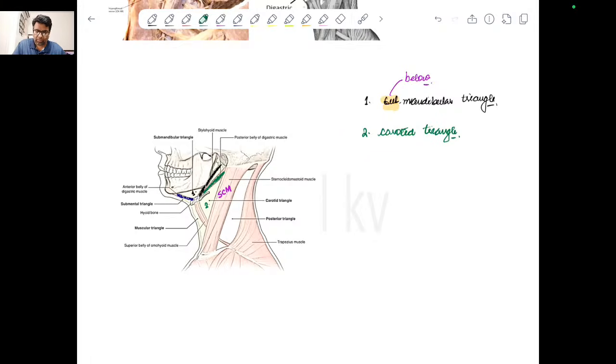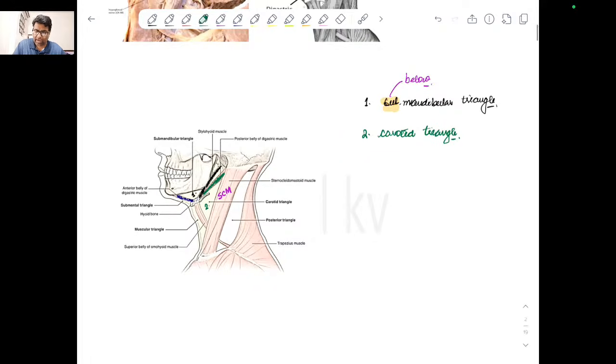Right? Now if we go further behind, this is the trapezius muscle. Right? So I can write trapezius here, and lower down this bone is the clavicle. So again it is forming a triangular area, and this triangle is known as the posterior triangle.